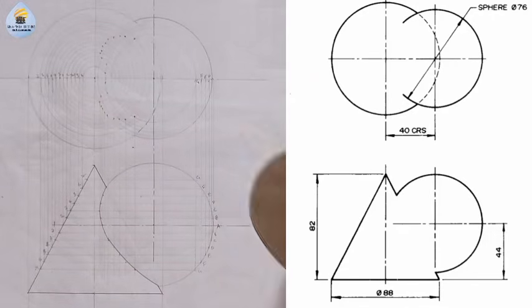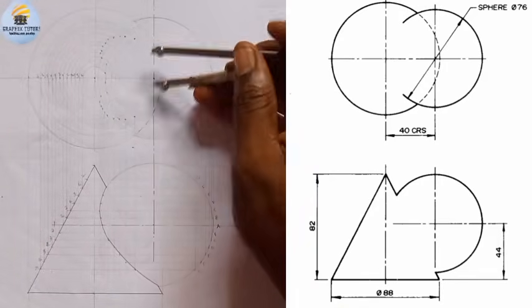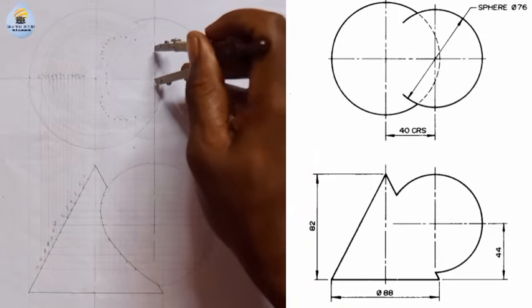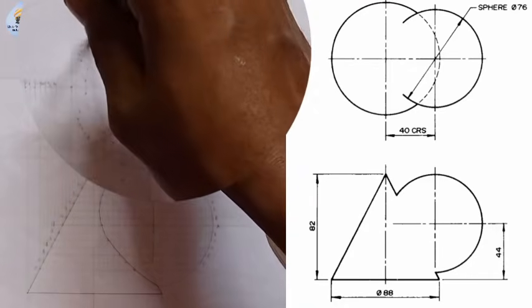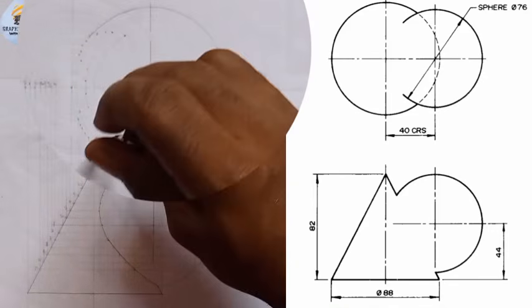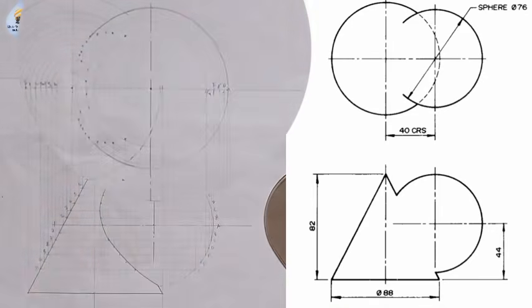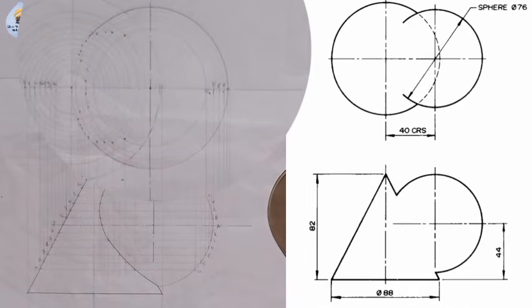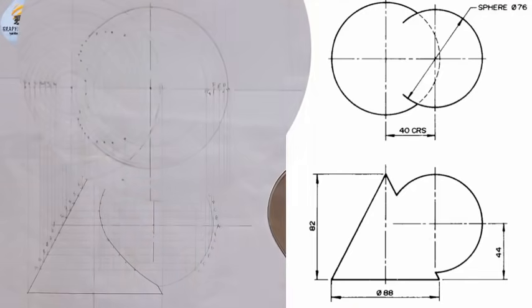Now also here, I'm going to connect. The spare should move from this point to touch here, and from this point to touch here, and the rest there will be more of a hidden line here, right?